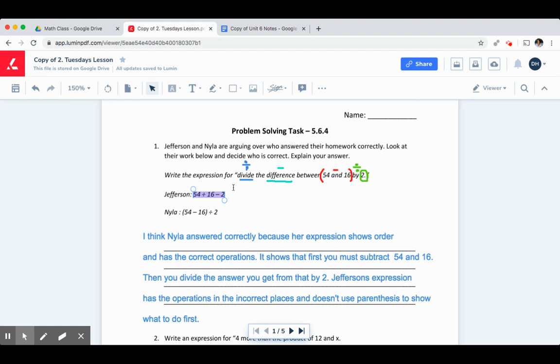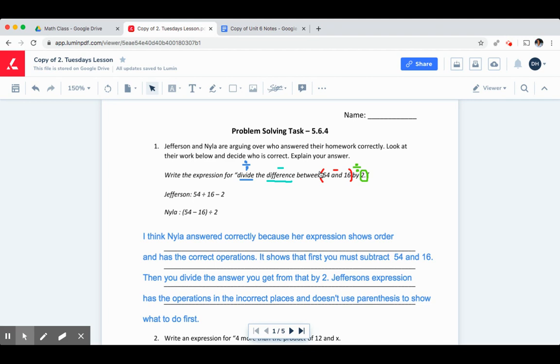Also, Jefferson has incorrect operations associated with numbers. So I can tell that Jefferson probably didn't do what we did with marking up the phrase first. Jefferson probably didn't underline keywords, and Jefferson probably did not think about what was being divided and what was being subtracted. So there's a combination of things here that you needed to do in order to be successful.